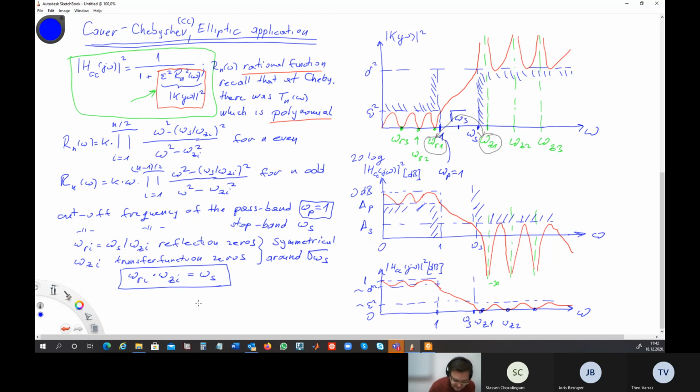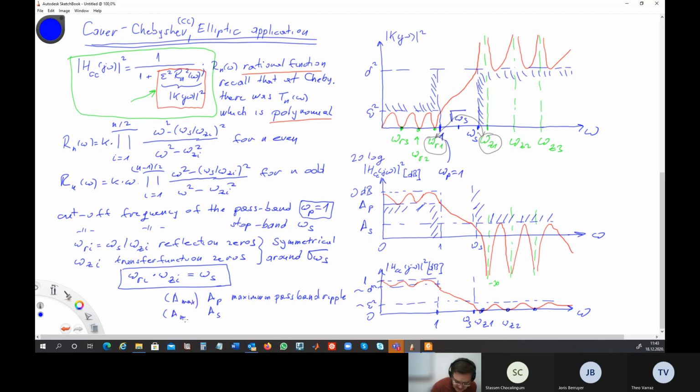And then we can call AP the maximum passband ripple. We can call AS, somebody uses a max.